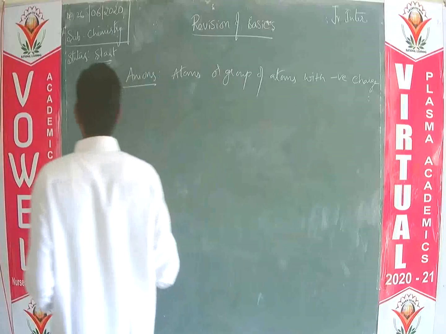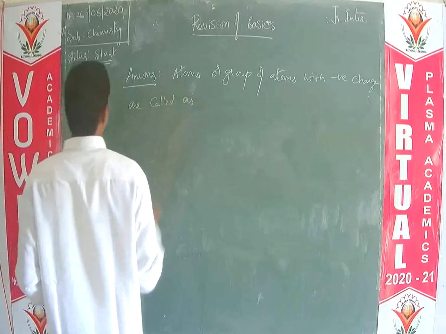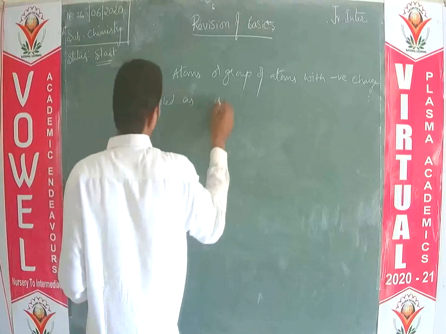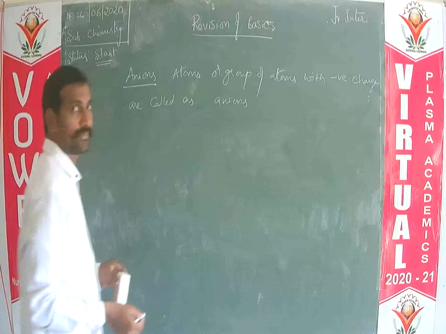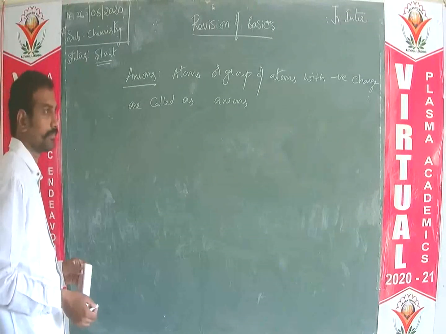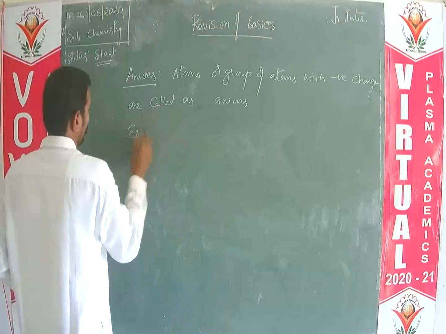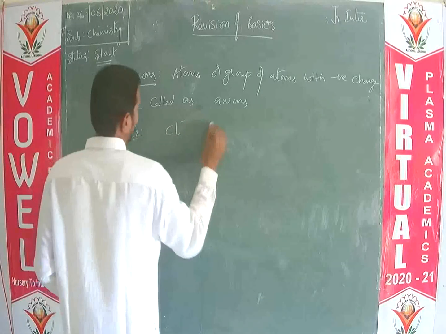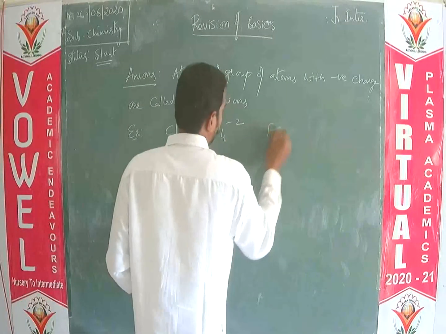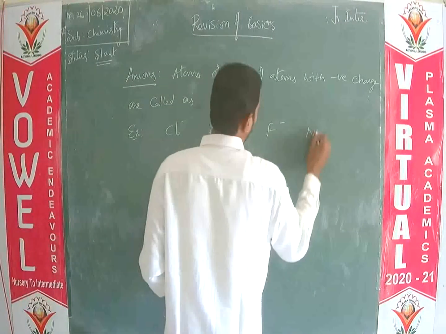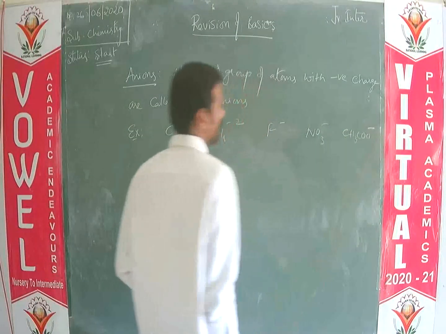Negative charge ions are called anions. Next examples: Cl minus, SO4 minus 2. Next, F minus, NO3 minus, CH3COO minus.